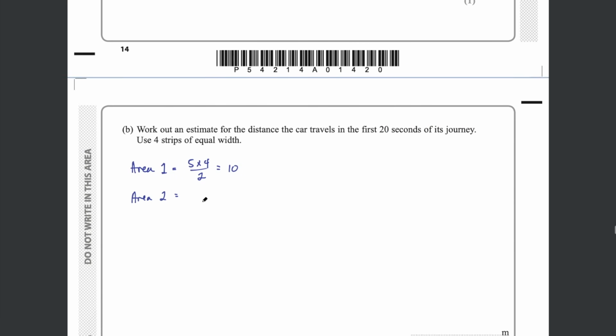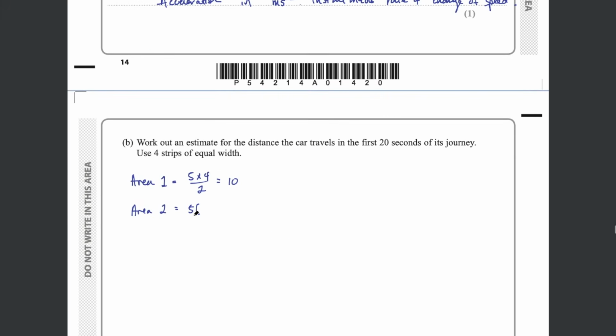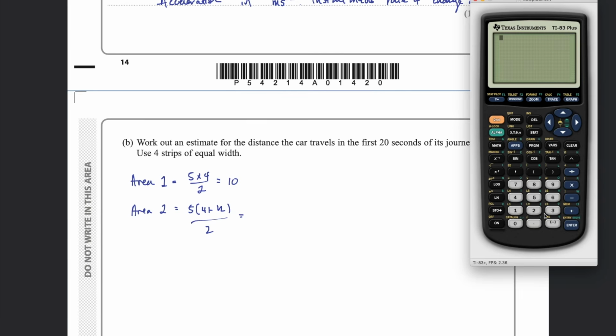So we have a height of 5 multiplied by, what would the lengths again, 4 and 12. So 4 plus 12 divided by 2. This is 5 times 16 divided by 2. Why not use our calculator? Just to make sure. So we've got 5 times 16 divided by 2, and that's 40.